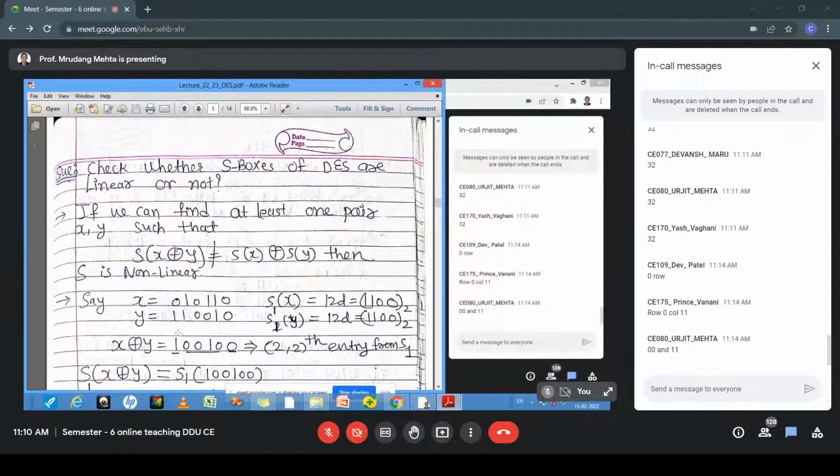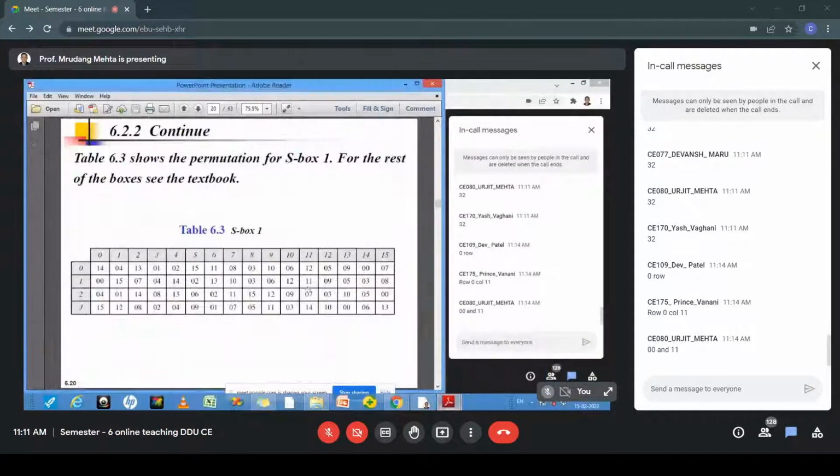In 8, 4, 2, 1, that is 8 plus 2 plus 1, so 11. So in S box 1, we observe row number 0 and column number 11. And what is the output corresponding to that? 12. In decimal, it is 12, right?